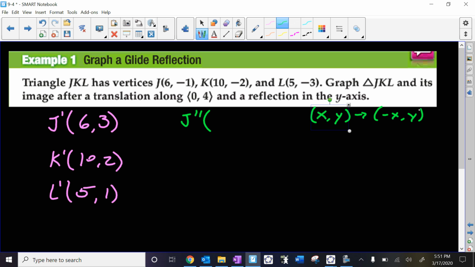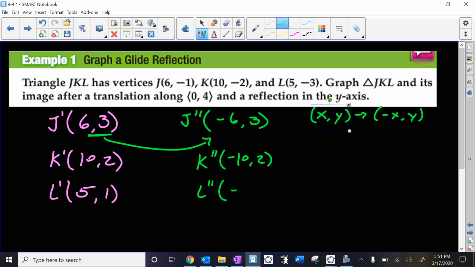So 6, 3 now is going to change and become -6, 3. K double prime will be -10, 2. And L double prime will be -5, 1. So really the answer is the part in green, but in order to get to green, you've got to also do the purple part to get there.